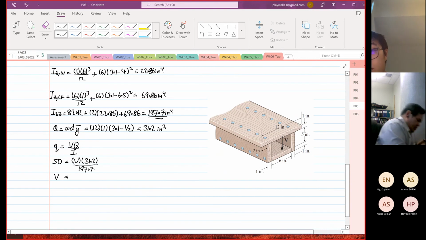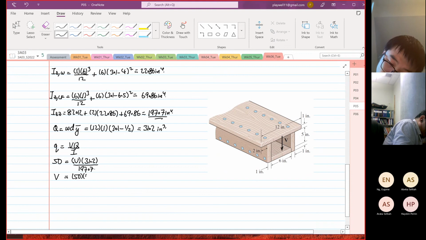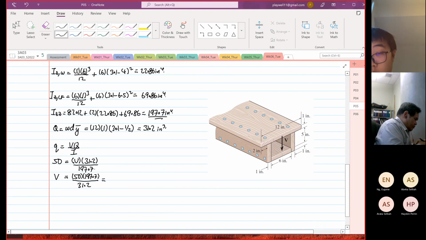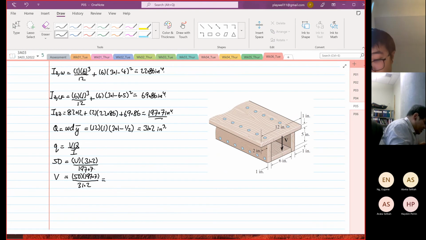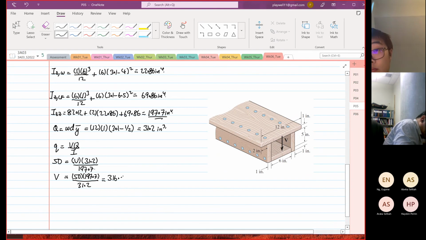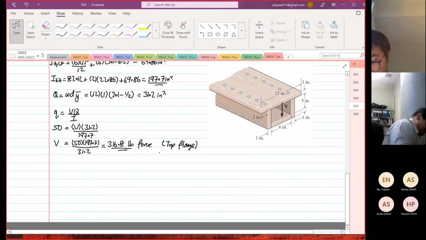So V is 50 times 197.7 divided by 31.2, which is equal to 316.8 pound of force. And this is at the top flange. Okay. So next we are going to consider the bottom flange.